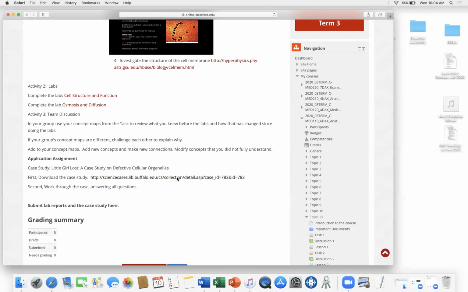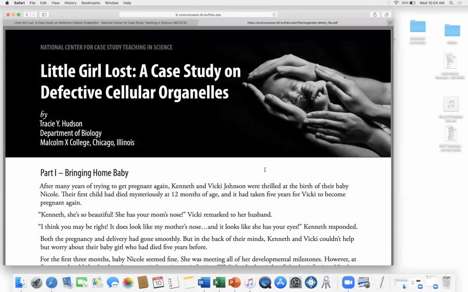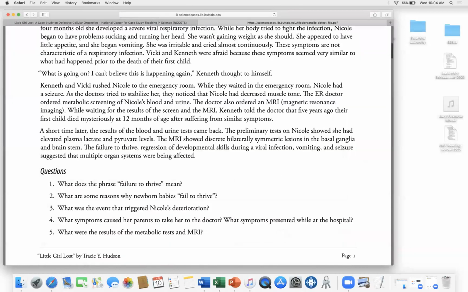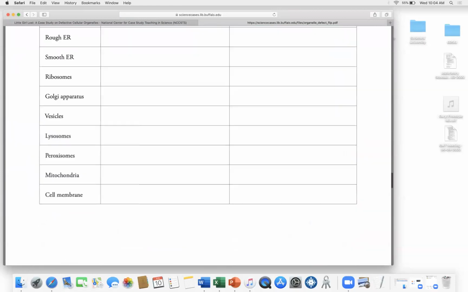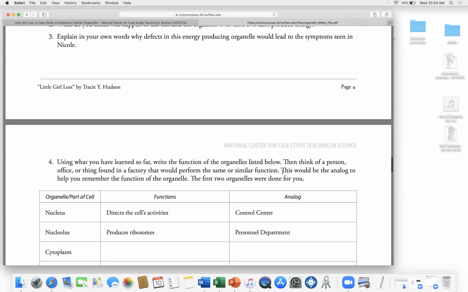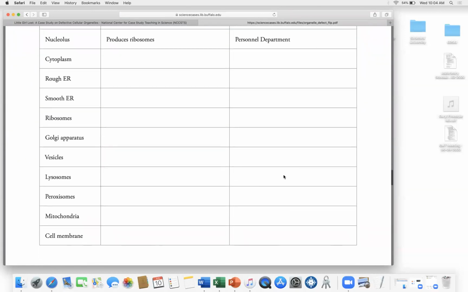Remember, you click on this, download the case study, and then you have part 1, then you have part 1 questions, part 2, then part 2 questions, part 3, and then fill out this thing, which, by the way, can you just copy and paste and then cite that you got it from the notes?